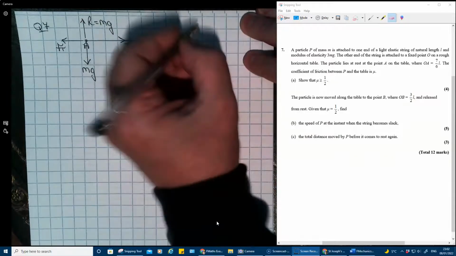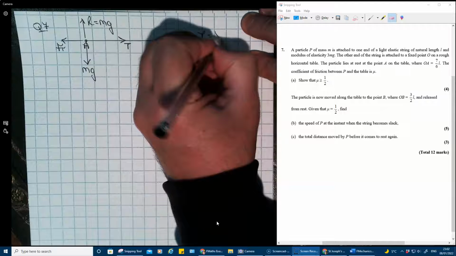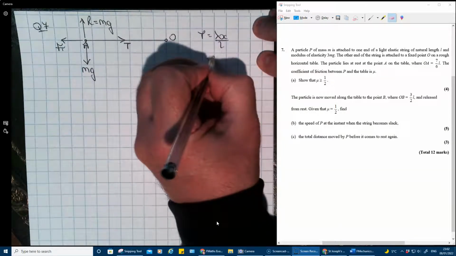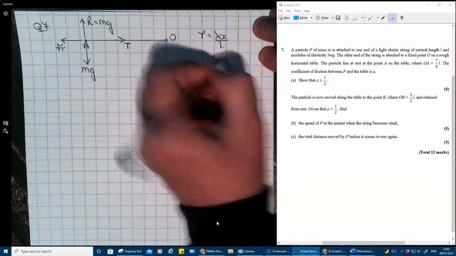Now we know that T is lambda x over L, Hooke's law. Lambda, we're told, is 3mg.